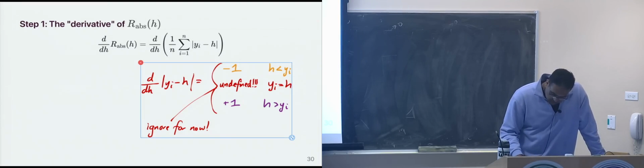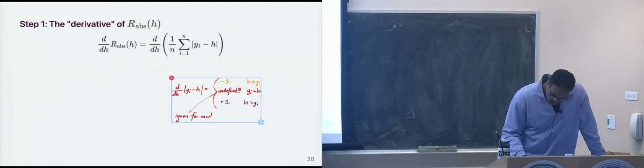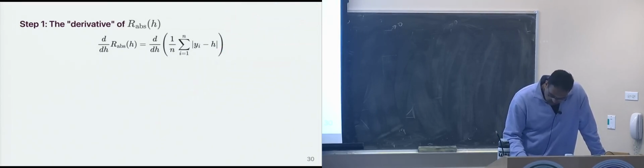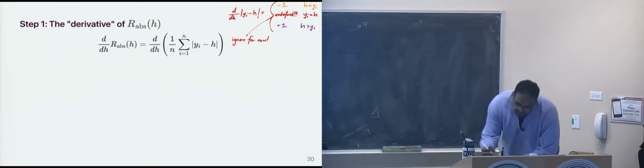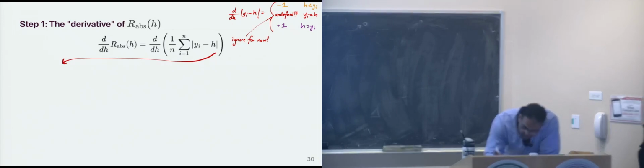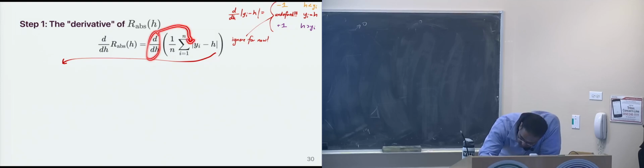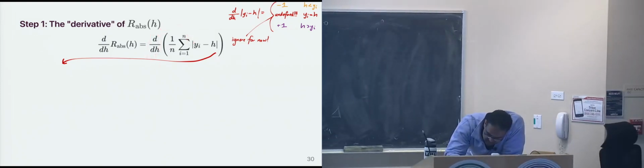What we're now ready to do is find the derivative of the entire mean absolute error. Okay? And so we can use the same properties from before in pulling out the constant and then distributing the derivative operator like so. So we'll get that this is 1 over n times the sum of these things.